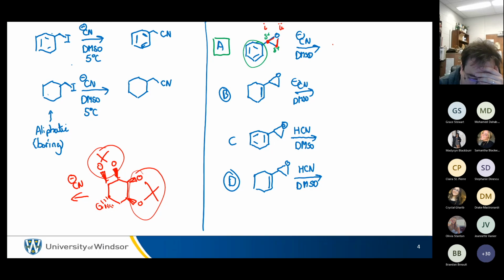So let's call the carbons I and II. It's written now. So which carbon do you think is going to be attacked by the cyanide? I or II?